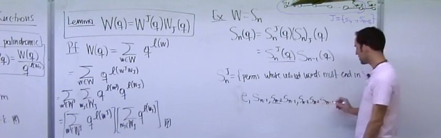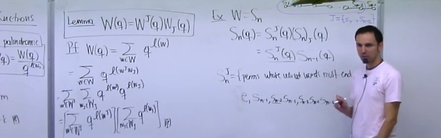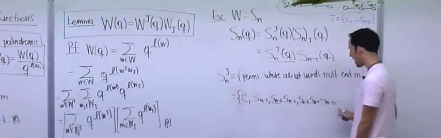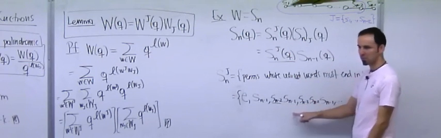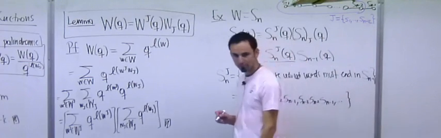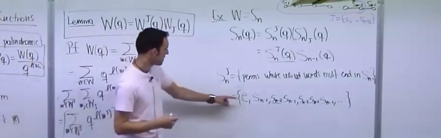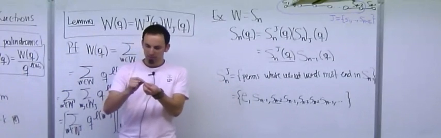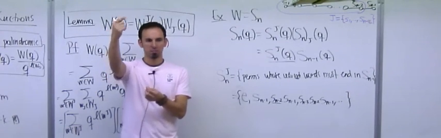And it turns out that these are the only things. If you continue making this argument, you're going to see that the only possible elements you can get are S something plus 1 up to Sn minus 1. Exactly. So what does this look like as a poset? Well, it has one element in each rank: E, Sn minus 1, Sn minus 2 Sn minus 1, Sn minus 3 Sn minus 2 Sn minus 1.